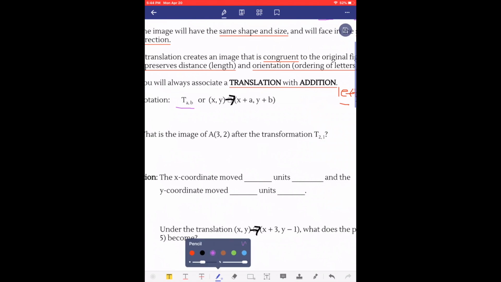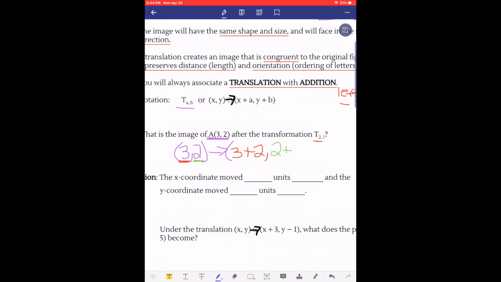So 2, 1, if I was to write the original here, 3, 2 becomes, remember, X plus A. Our X was 3, and our A was the 2, so that now is 3 plus 2, comma, the Y is 2, so I'm going to bring that over, plus the B, which is 1, so 2 plus 1.